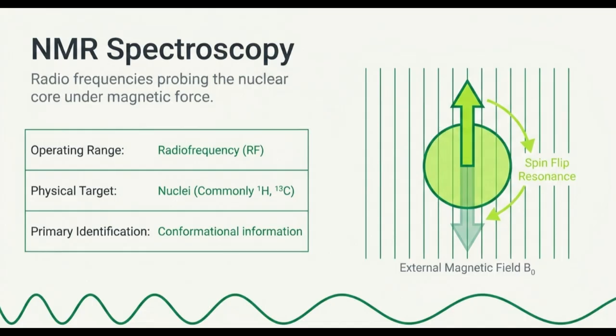When the sample is placed in the magnetic field, the nuclei align with or against the field, and then radiofrequency pulses disturb that alignment. As the nuclei relax back to their original state, they emit signals that reveal their chemical environment, including how many neighboring hydrogens are present and what atoms are nearby. NMR provides detailed conformational and structural information that no other single technique can match.